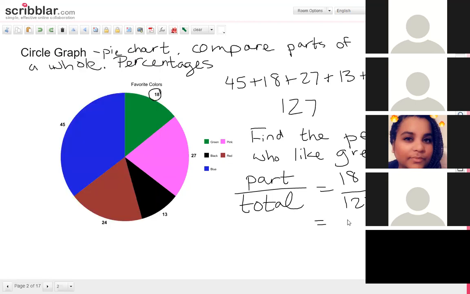To change this to a percentage, what do I do to this decimal to now show what it would be as a percent?